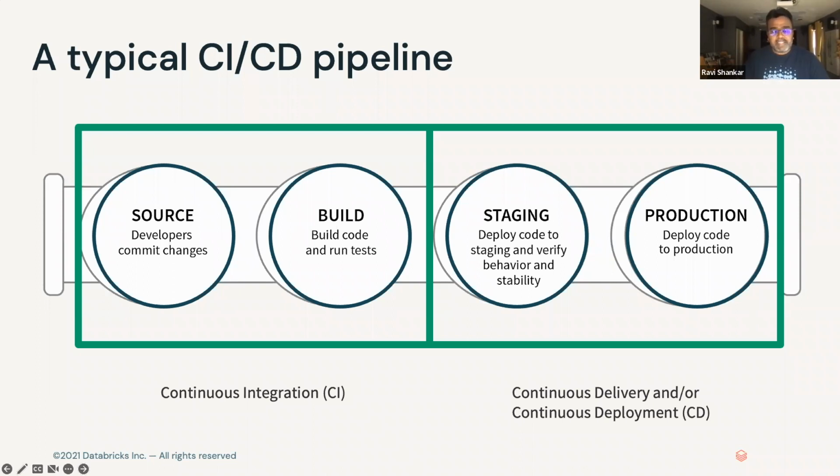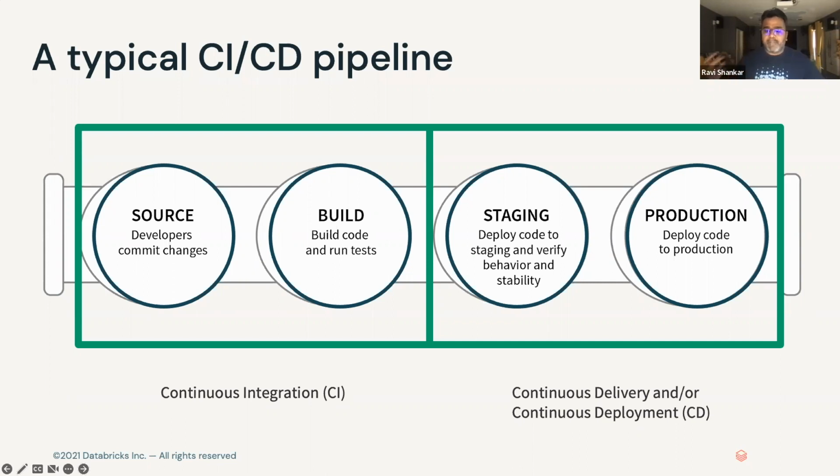The next step, continuous delivery or continuous deployment, starts with taking whatever artifacts, whatever packages you built as part of the integration side, and testing that. It could be a unit test that runs in your staging environment, or even more of an integration test.